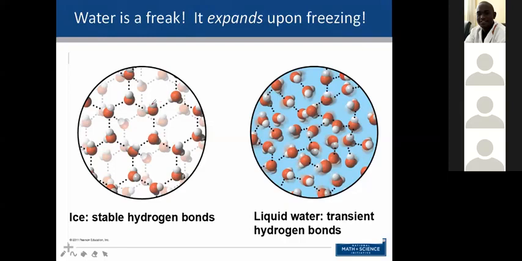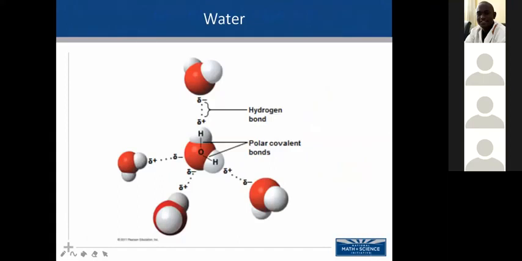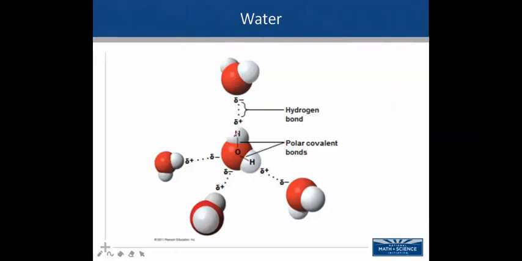Why? Because the hydrogen bonds now will stop sliding over each other. They'll stop interchanging. Let me refer to the first diagram. As water, are we able to see this point I'm using? Yes. Okay. So in liquid form, this hydrogen bond to this oxygen is not permanent.